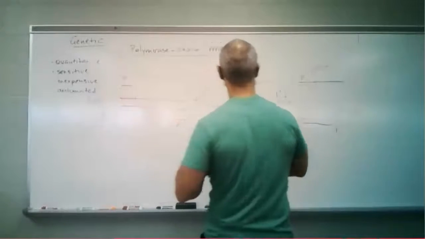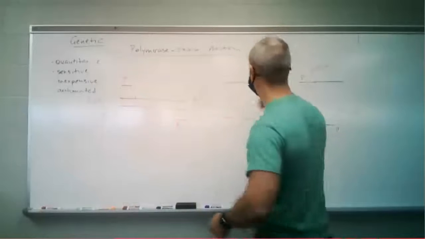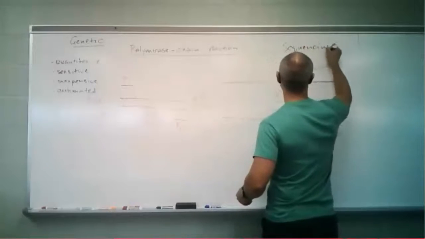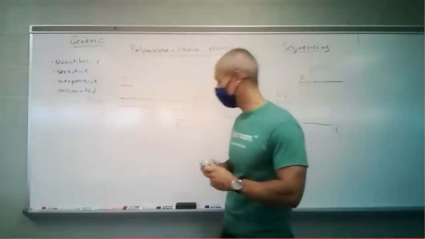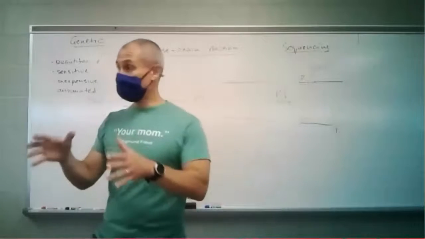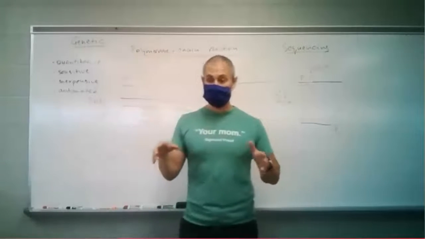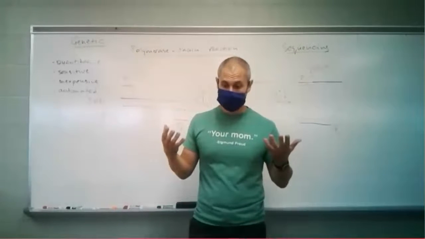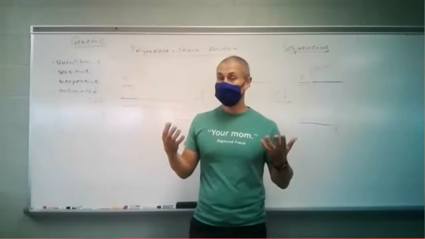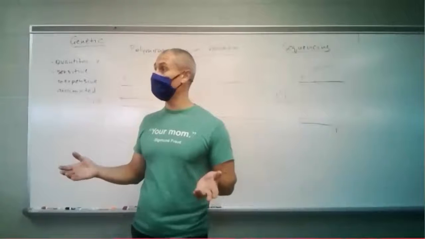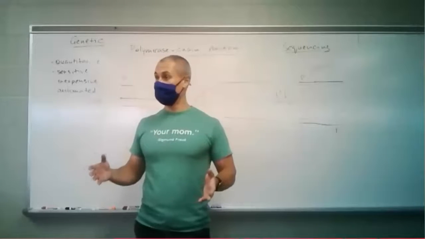Okay, another method. I'm just going to put the name: sequencing. Take a sample, and you determine the sequences of all DNA and all RNA in your sample. Everything. Does that make sense now?